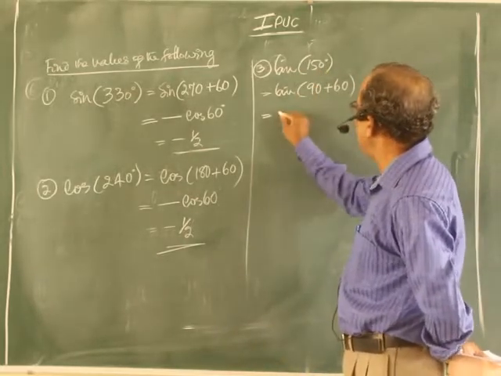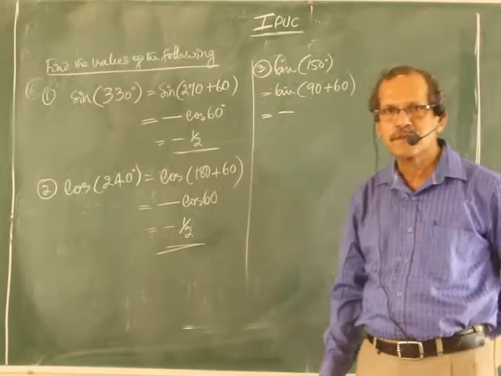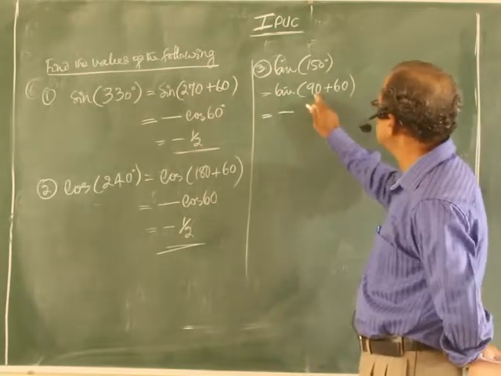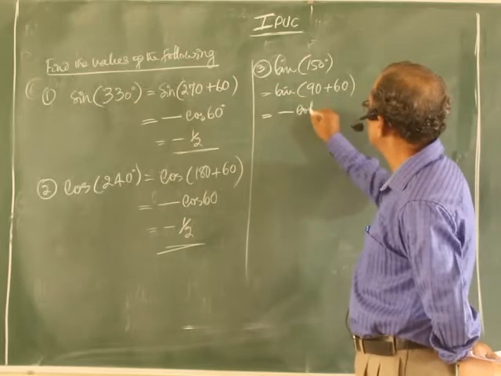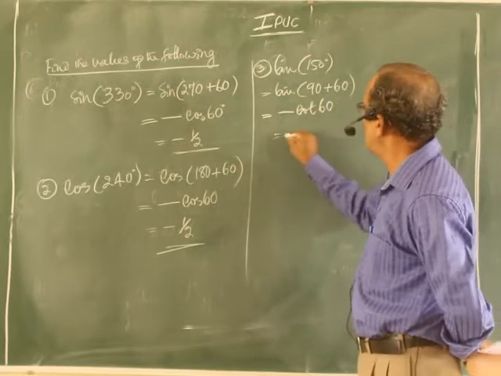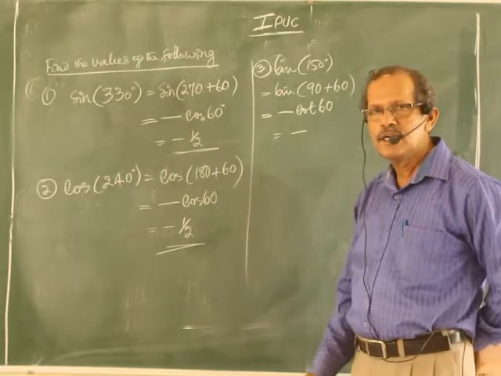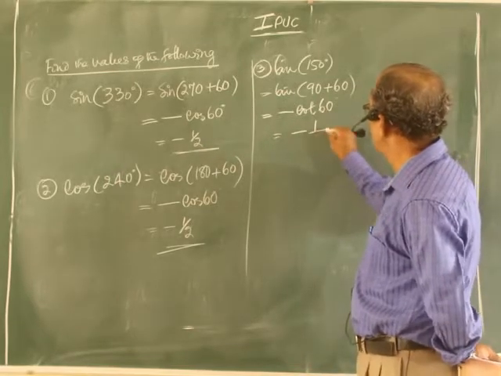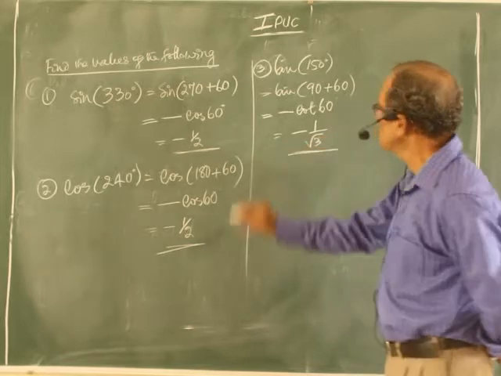Second quadrant, tan is minus. Second step over. Third one is, since it is 90, function changes to cot. Answer is minus cot 60, which is 1 by tan 60, root 3. Cot 60 is 1 by root 3.